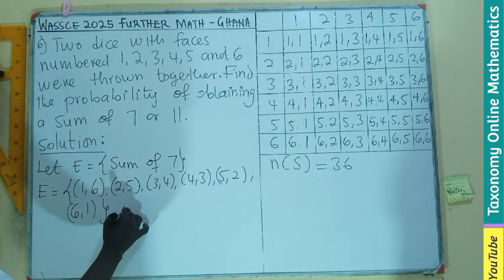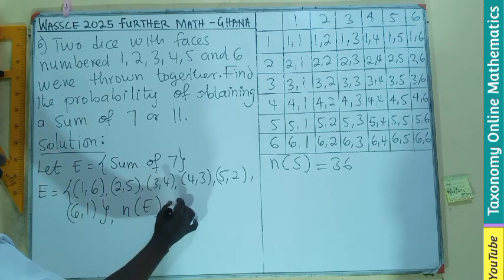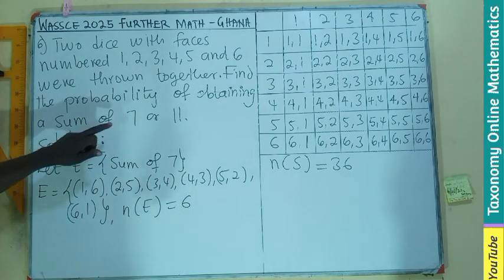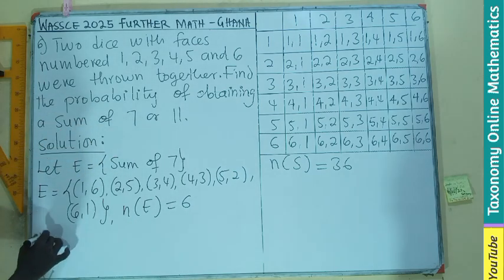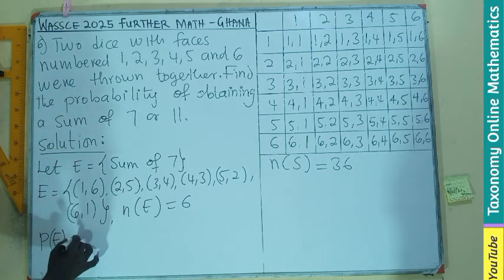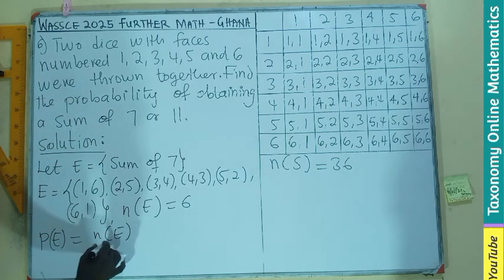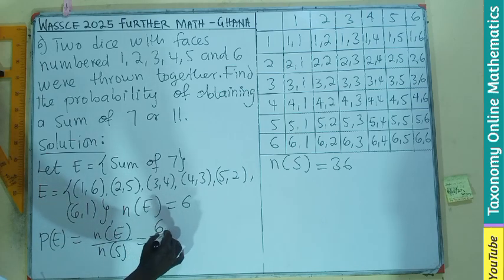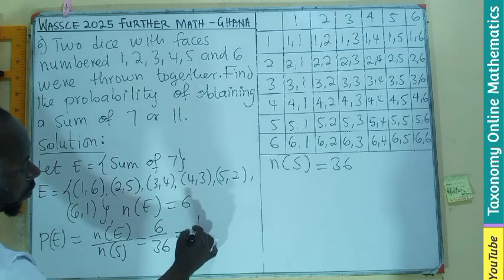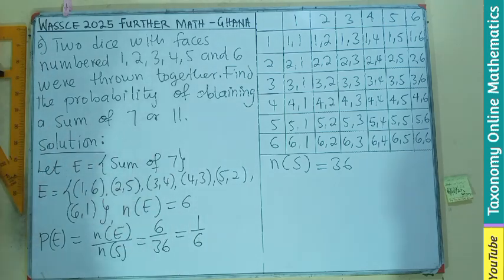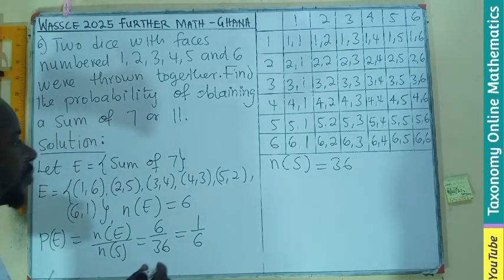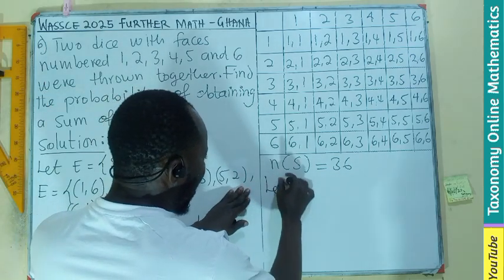So we can say that the number of E is going to be 6. But let's find what the probability of E is going to be: number of E over the number in the sample space. That will be 1 out of 6 for the sum of 7.